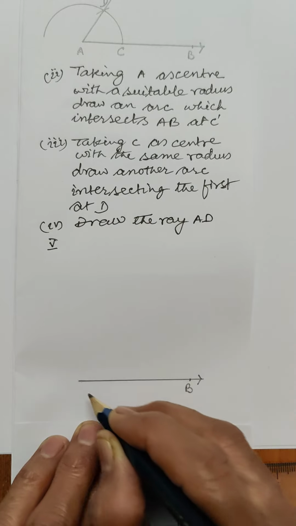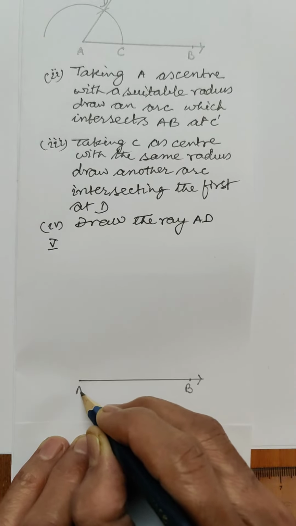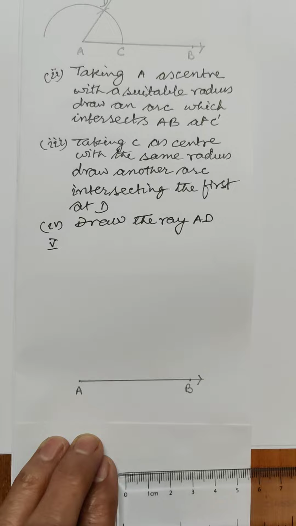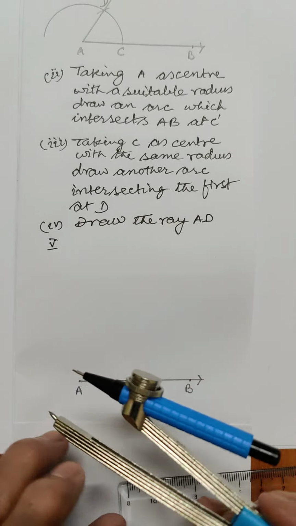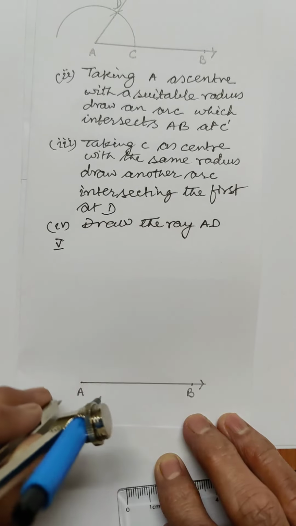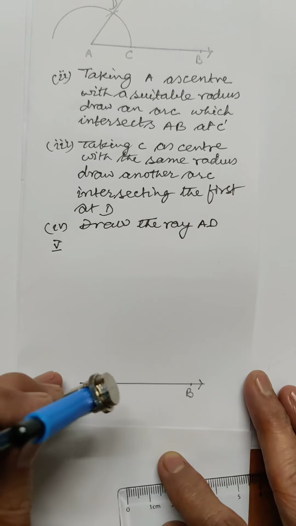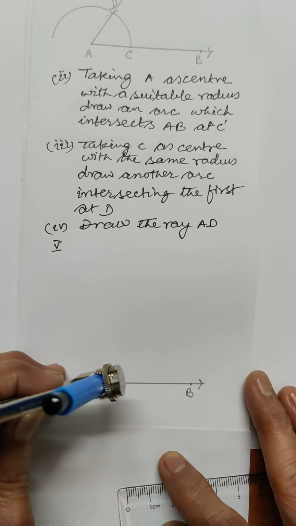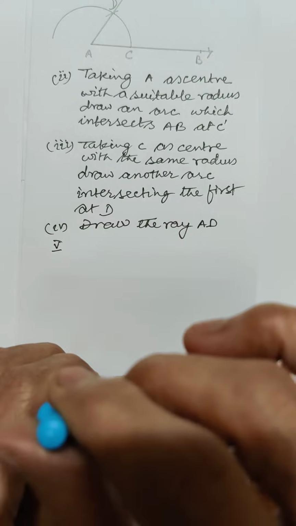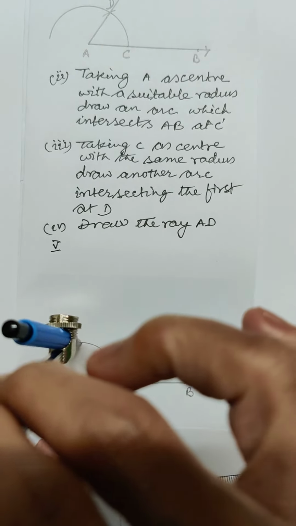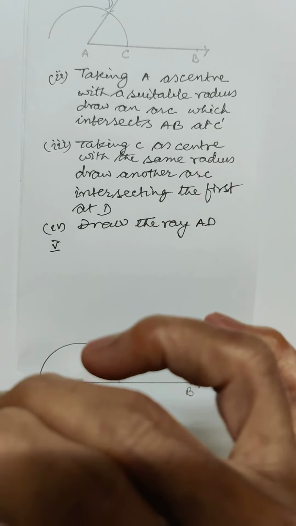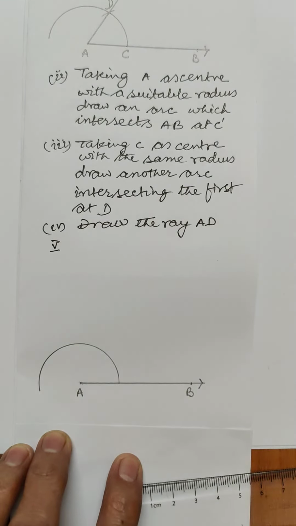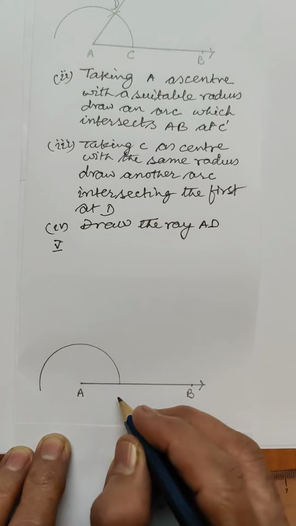This was B, initial point A, and in the second step drawn the arc which intersects AB at C.